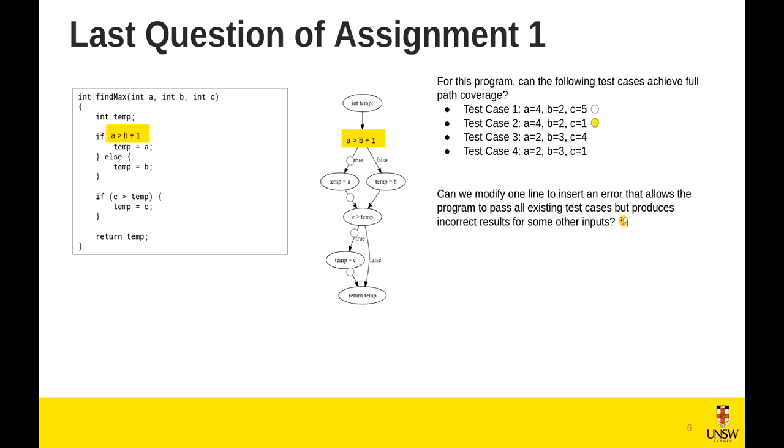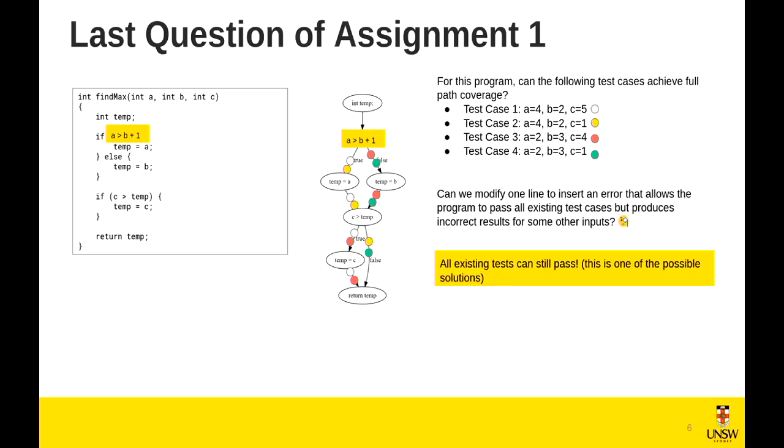For the second test case, it is also the same, so it will also take the previous path. For the third one, it is still the same, and it's also the same for the fourth test case. So our existing tests still pass if we make this modification.